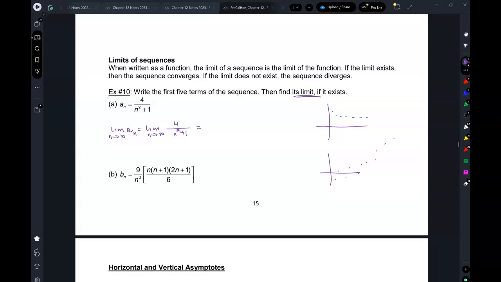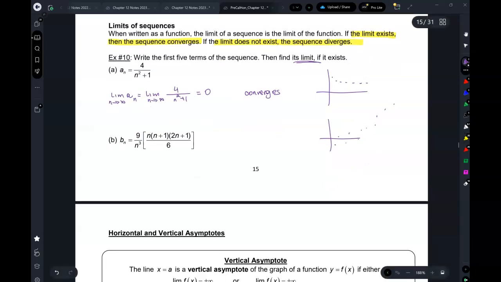So now we have a very large denominator. What happens to the entire fraction? 0. So this becomes 0. That means it converges, because the limit exists. If you have a finite value for the limit, then it converges. If the limit does not exist, if it goes to the infinities, then it diverges.